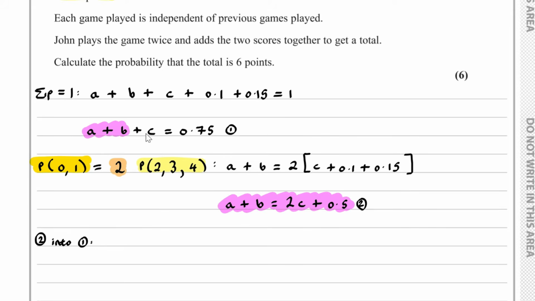So we can replace the A plus B with the 2C plus the 0.5, and then we've got this extra C, so this bit is what A plus B is, and this is equal to 0.75. So we see here that 3C is equal to 0.25, and therefore C is equal to 1 over 12.